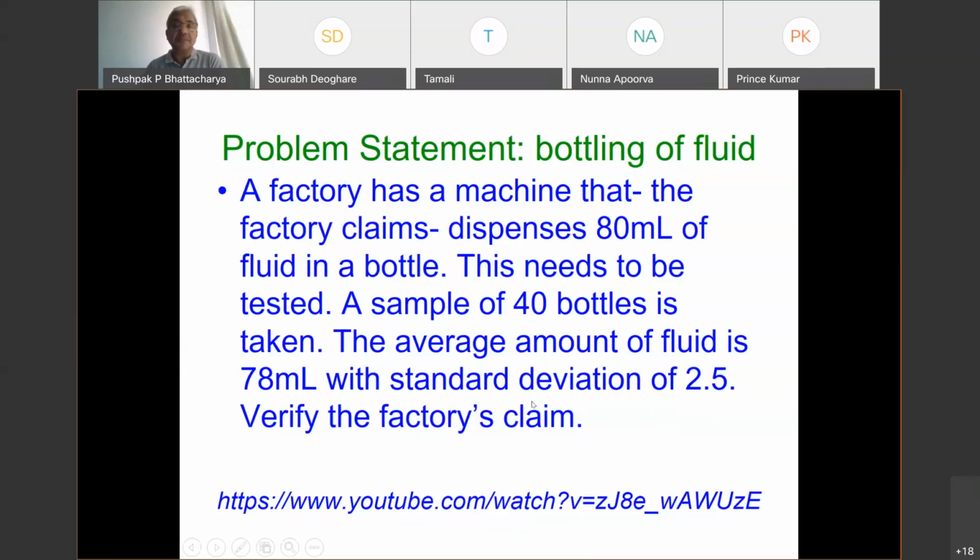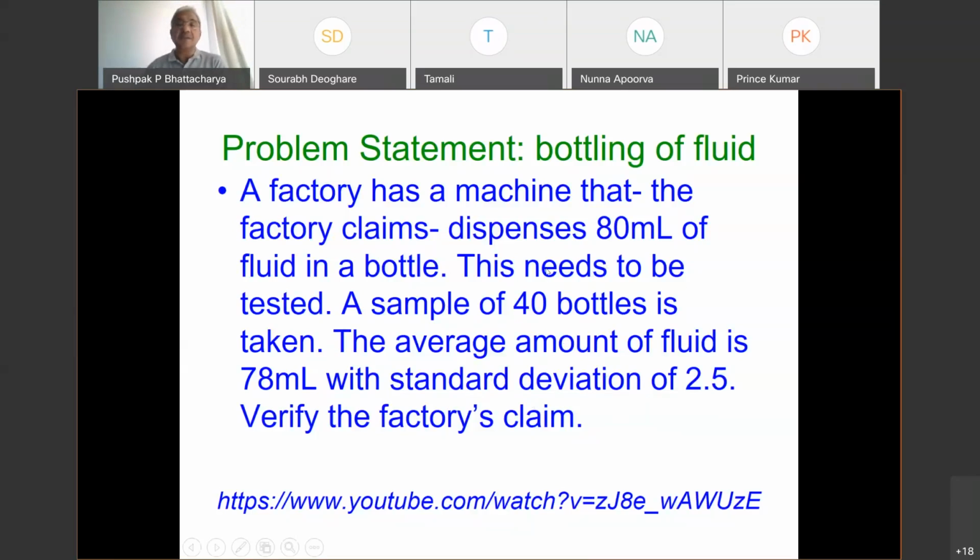Now just reflect a bit on the nature of the problem. Now there is some fluid being bottled, and what is the sensitivity with respect to the amount of fluid in the bottle?